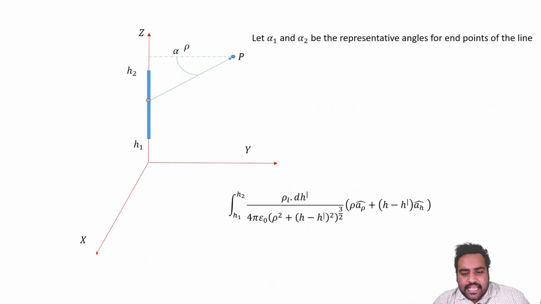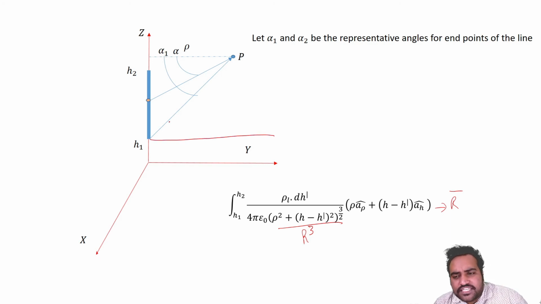Remember that this is the expression we are trying to solve, where this is my rho r cube, this is my r bar. So this expression is nothing alien. This is the same expression. It is just that we have expressed this in terms of rho and h. Right. Let us determine the angle. Let us assume that the vector joining h1 to the test point is making alpha 1 with rho.